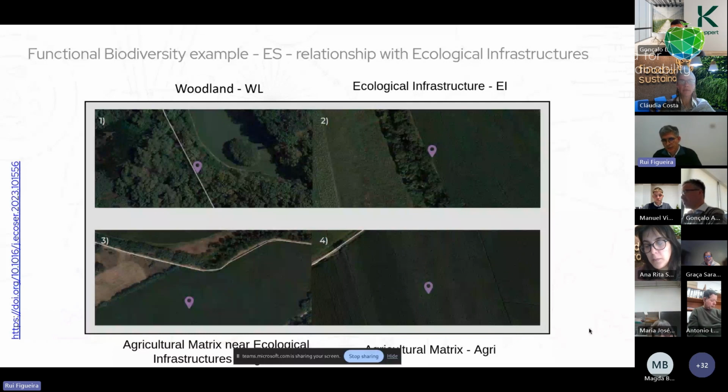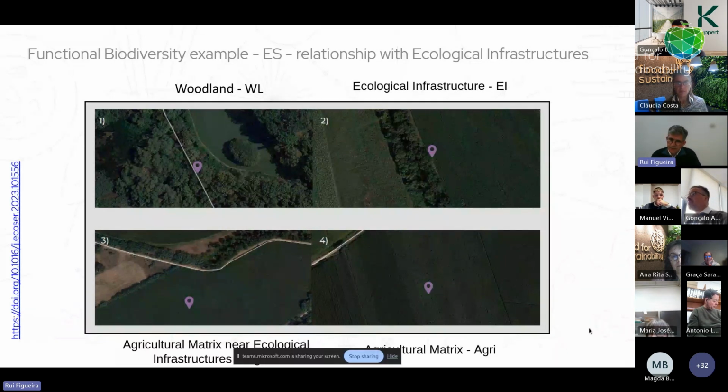So we looked at 4 different types of habitats. As control, we used woodlands, but we also had 3 other situations. We had areas near crop development that had ecological infrastructures like woodlands or road edges, or with trees. We also looked at other situations where we are close to those edges, to the trees, but we are in open fields, and then we are in the middle of open fields.